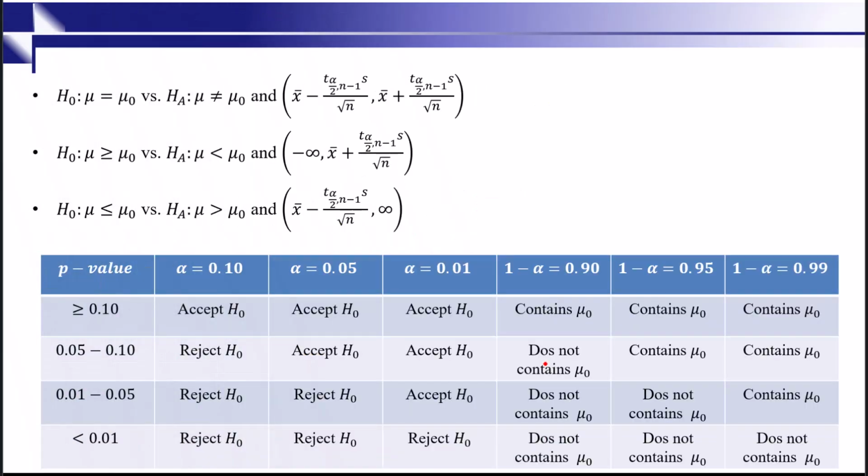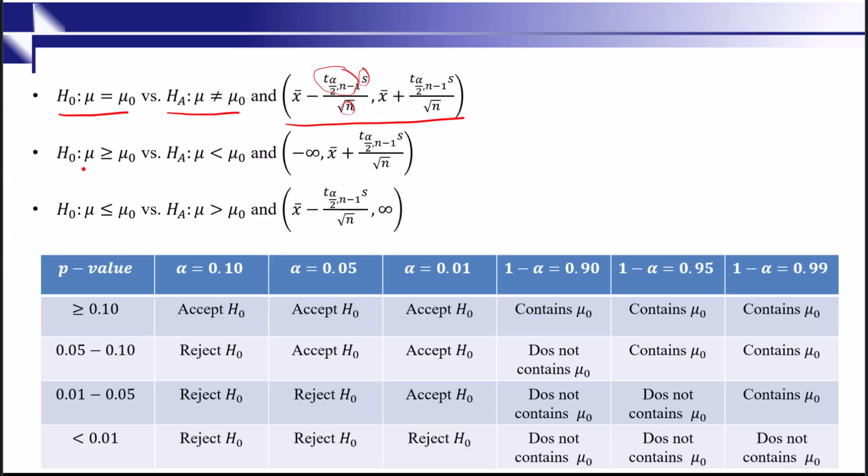Now we want to see the relationship between hypothesis testing and confidence interval for two-sided and one-sided problems. Let's consider three possible cases. In the first, the null hypothesis says mu is equal to mu0 and the alternative says mu is not equal to mu0. Then mu0 falls into this interval, x bar minus the critical point times s divided by root n, and x bar plus the critical point times s divided by root n, right? So this is the critical point, and the standard deviation over the square root of the sample size.